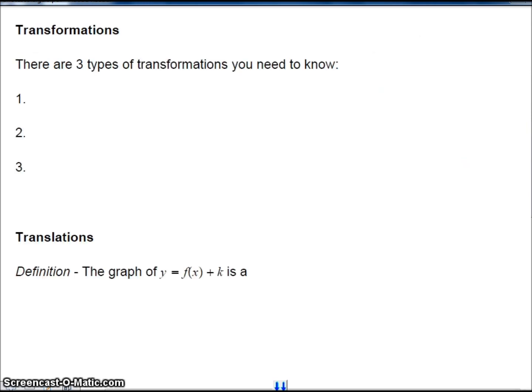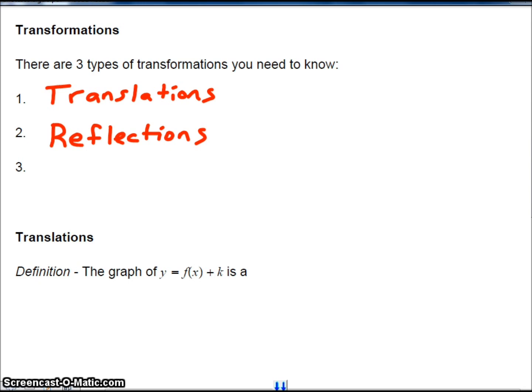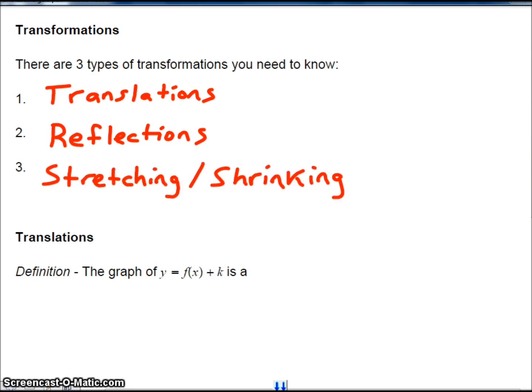There are three different types of transformations that you need to know. The first one is called translations. The second one is called reflections. And the third one is called stretching or shrinking. The third one is pretty self-explanatory. It's taking the graph and stretching it or shrinking it. You might imagine the analogy for this would be minimizing or enlarging a picture on the computer.